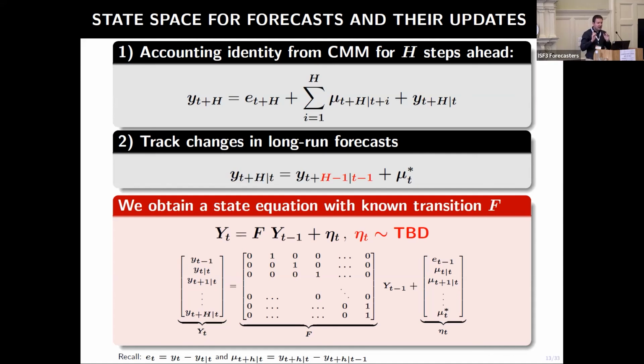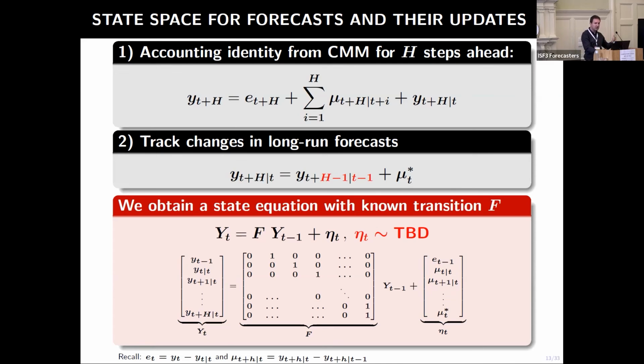Okay. And if you put all these together, then you get a state equation with a known transition matrix F. So this transition matrix is again going to be known, no estimation needed there. And then in this eta_t, as I told you, we are collecting all these forecast updates and of course the last period's nowcast error. Okay, so this is the idea.